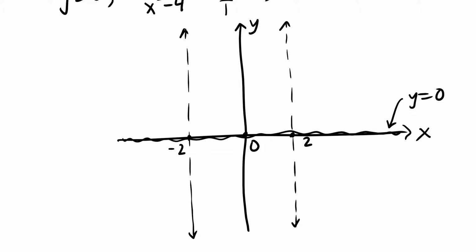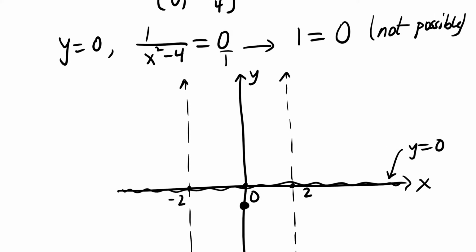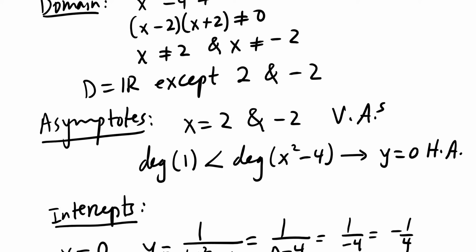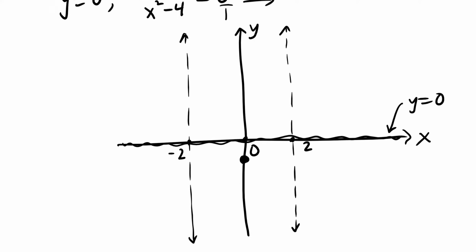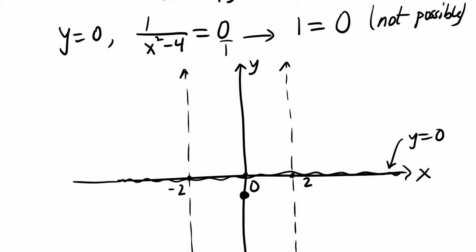And we got 0, -1/4 as the y-intercept. What else did we have? Domain, asymptotes, intercepts. So we need more points. Those are called the particular points.